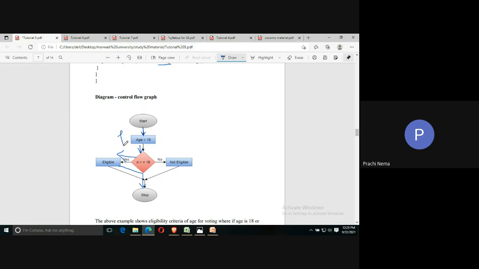If you look at another possible path, the same start to age to decision is also the same edge. Then we go towards the false or the else condition, and then to the exit block. So these are the two different paths we have. Although there are certain edges which are common, these are two different paths, and these are called independent paths.